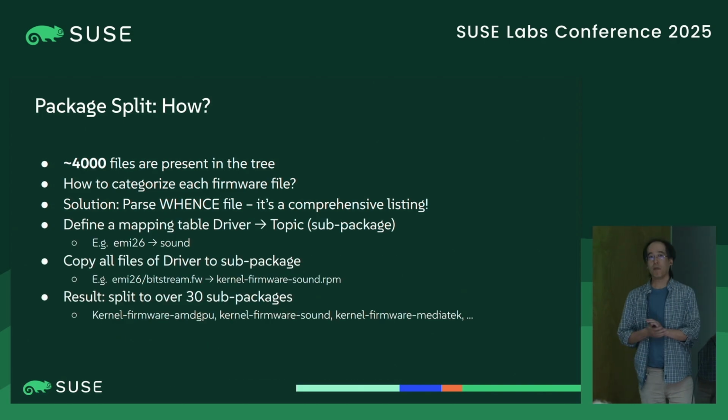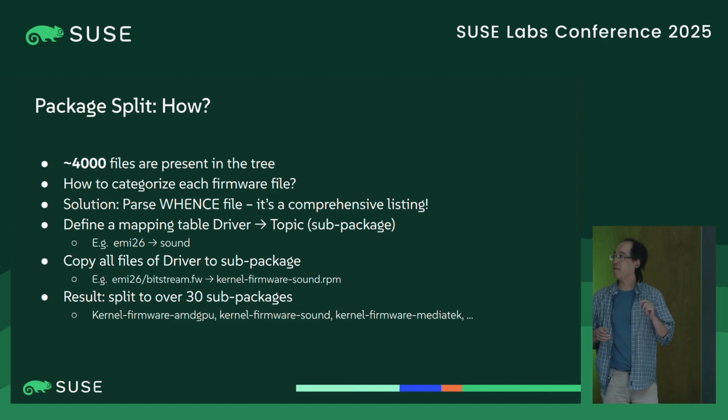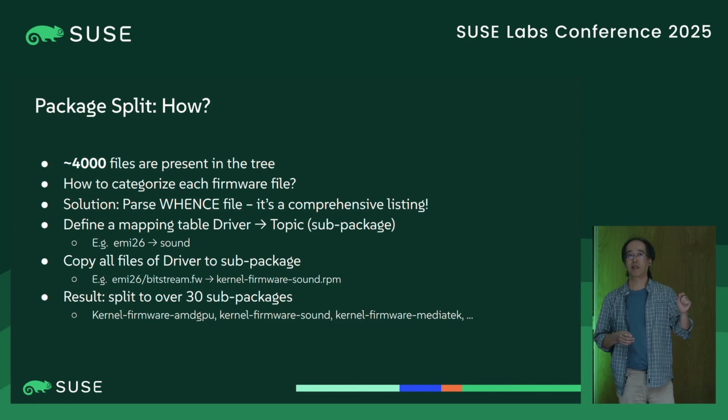So at first, we define the mapping table from driver to the subpackage topic. And in our example, EMI26, this is a sound driver, so this belongs to the sound.